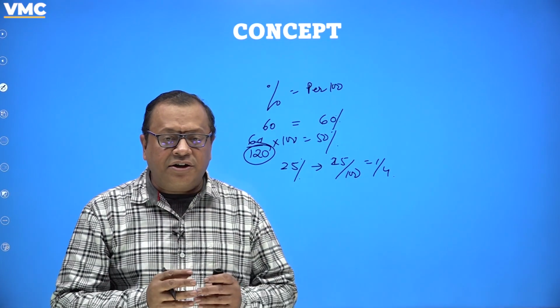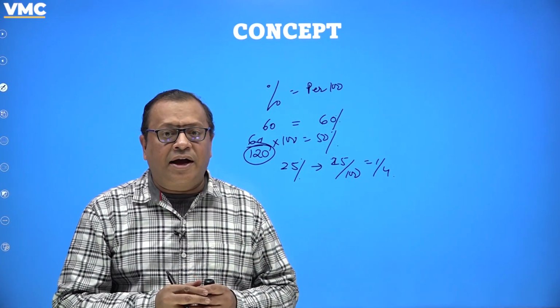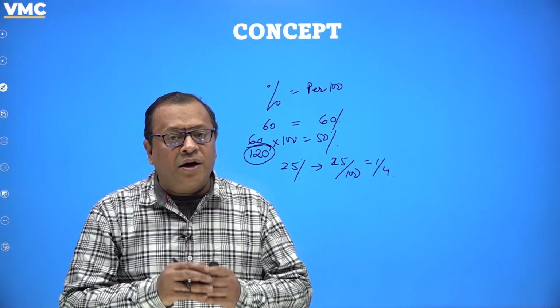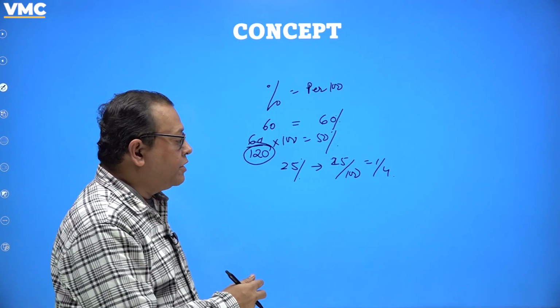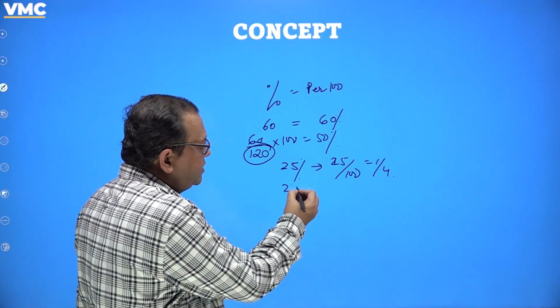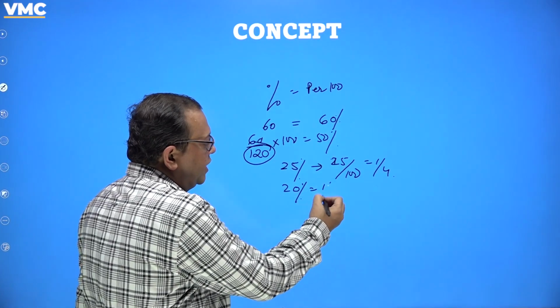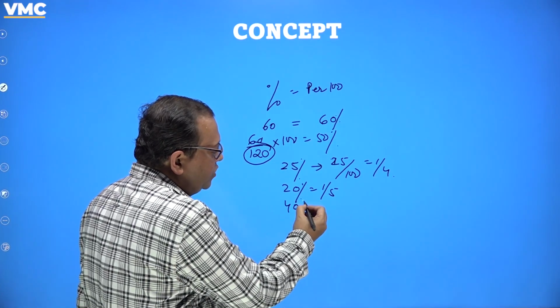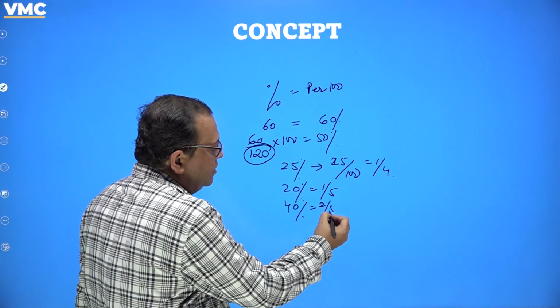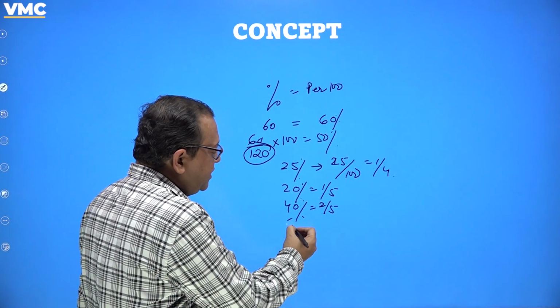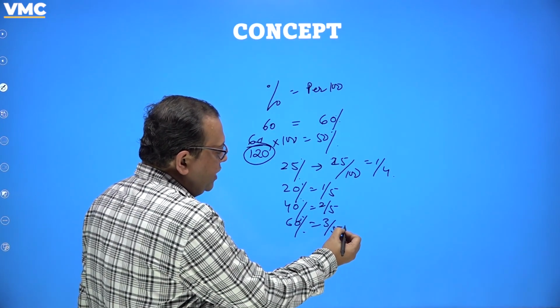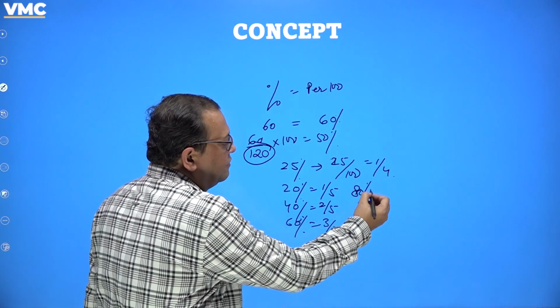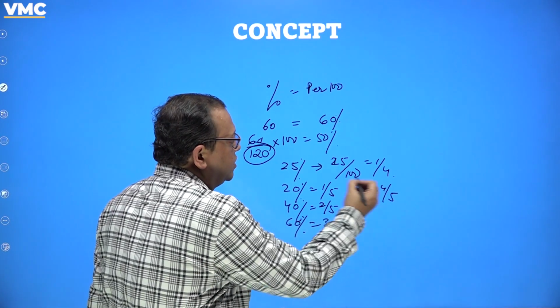Certain percentage values and their fraction values you should be aware of. 25% is 1 by 4, 20% is 1 by 5, 40% is 2 by 5, 60% is 3 by 5, 80% is 4 by 5, and so on.